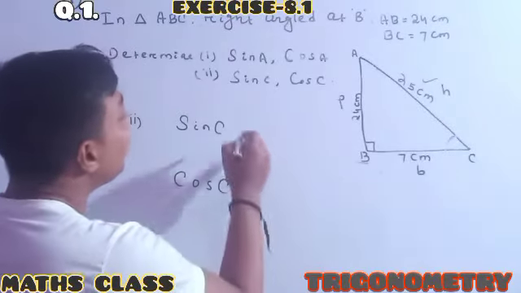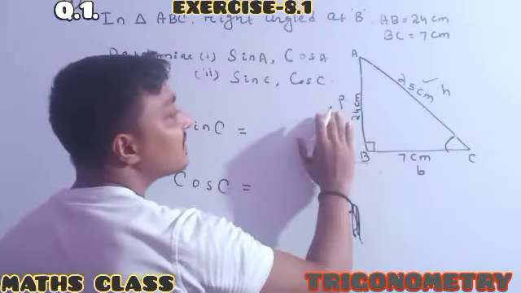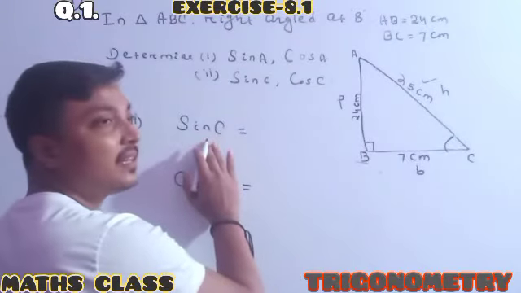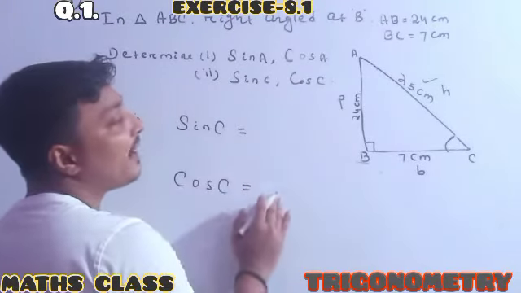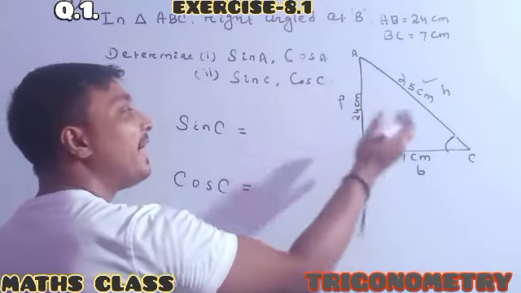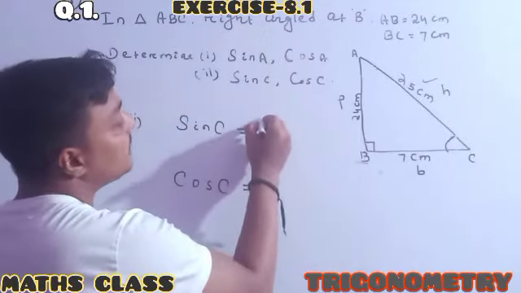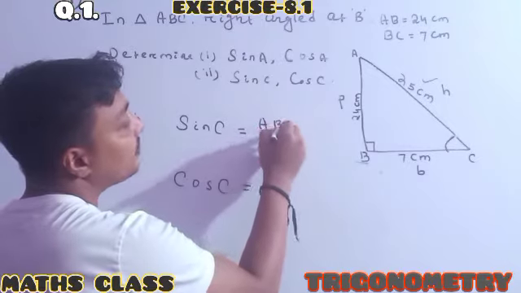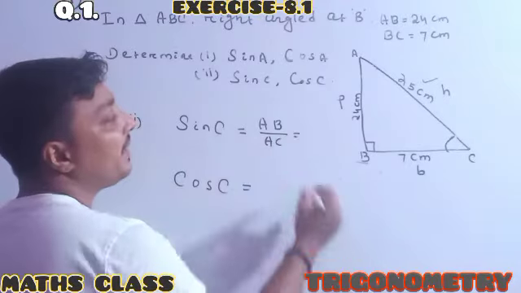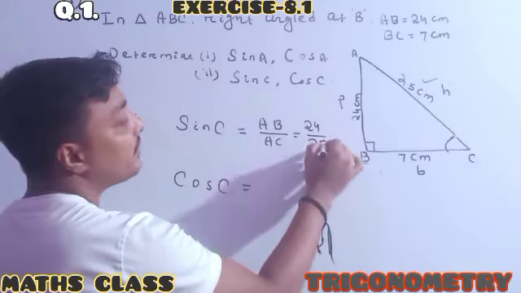See, sin C, for angle C, this one is P, this one is H. First you write sin C means P by H, the ratio of the opposite side divided by the hypotenuse. The opposite side is AB and the hypotenuse is AC. AB is 24 centimeter and AC is 25 centimeter.